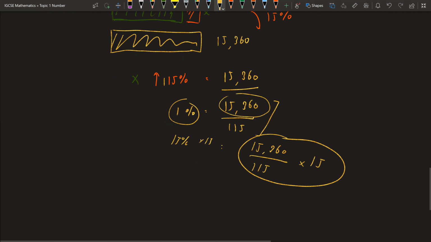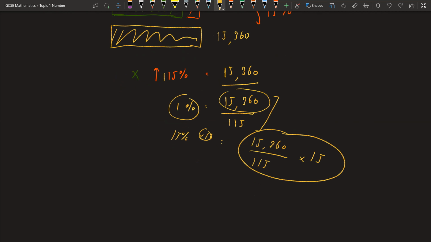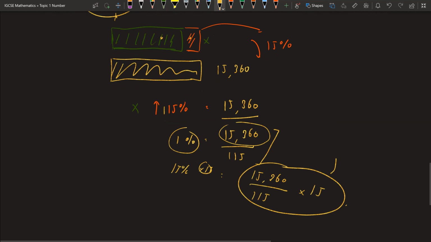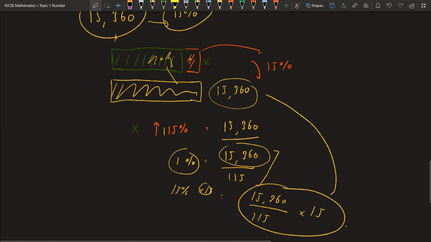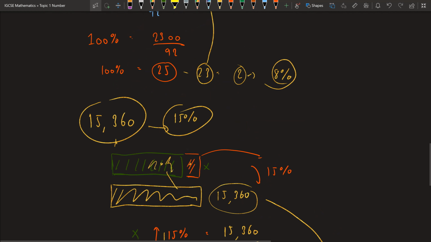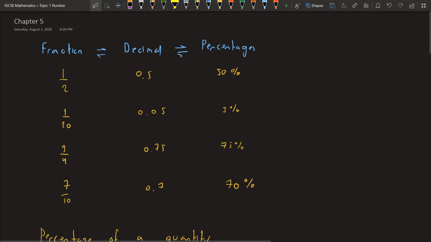And that you would get the 15% increase. And once you already found that, you could subtract it, and then you will get the original amount. And that would be reverse percentages. And that would conclude this chapter of further percentages, chapter 5.